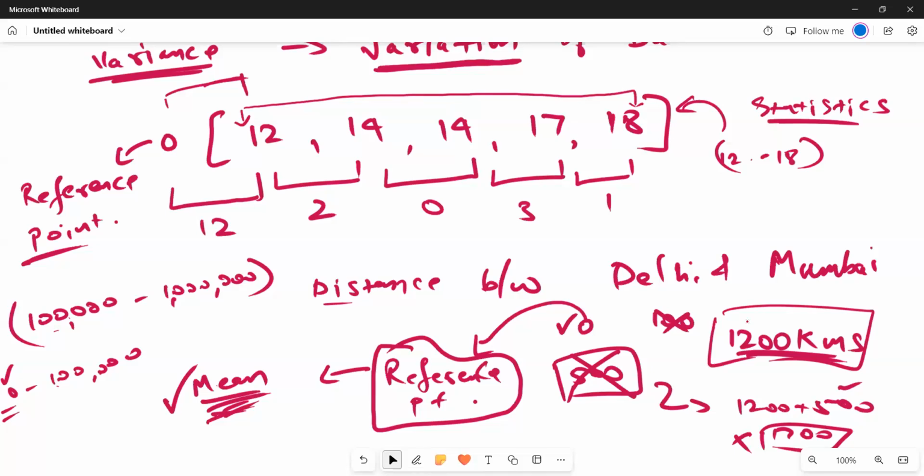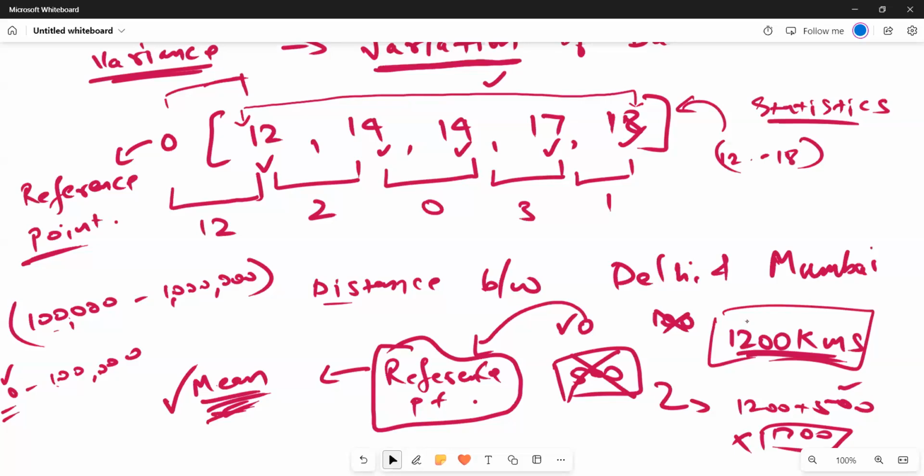Because we are adding the elements of the data only, and when I'm adding these 5 elements and dividing by the total number of elements, which is 5, this figure will always lie between 12 and 18, because I'm calculating the mean on this data set only.